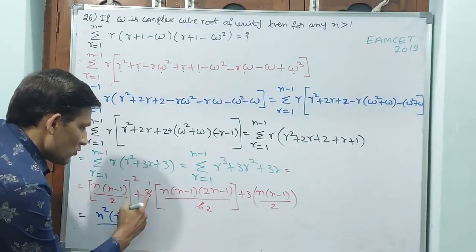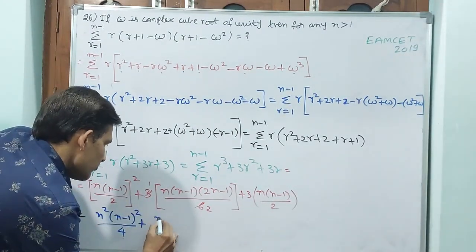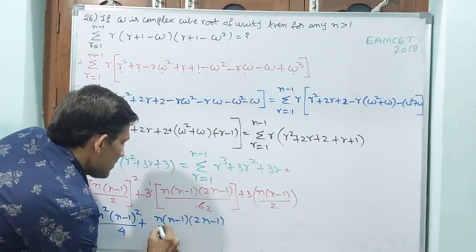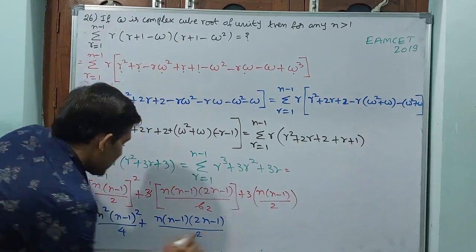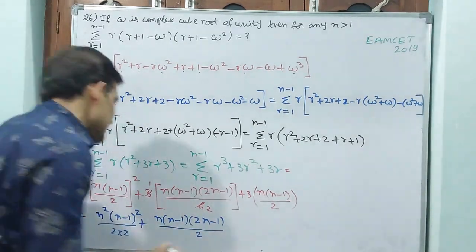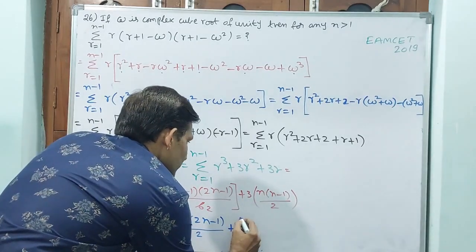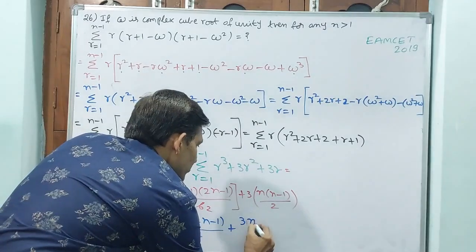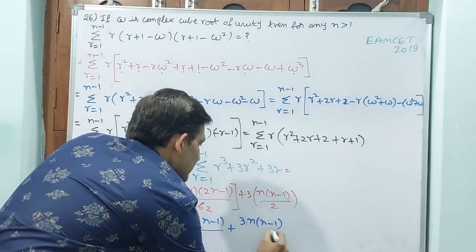Plus, now 3 will not be there, n into n minus 1 into 2n minus 1 divided by 2. Shall I write this 2 into 2? Because I want to take 2 only common, that is why. Plus 3 into n into n minus 1 divided by 2.